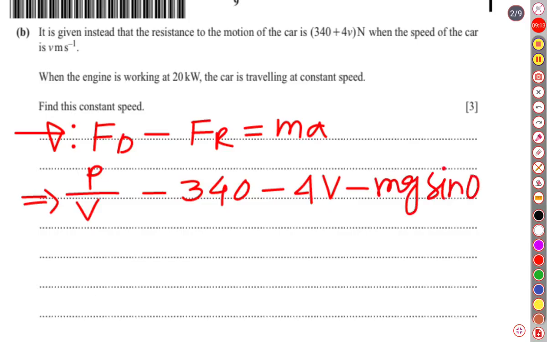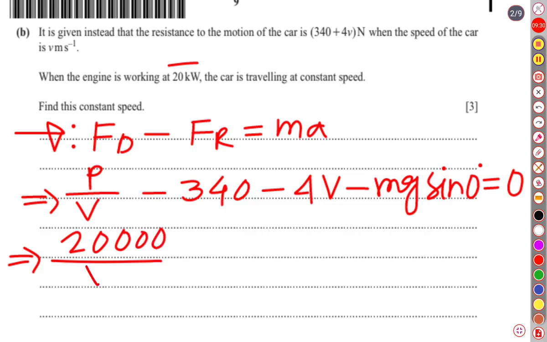As the car is traveling at a constant speed, there is no acceleration, means it is 0. So power given is 20,000. So let us write 20,000 over velocity, and this is 340 minus 4v is equal to 0.